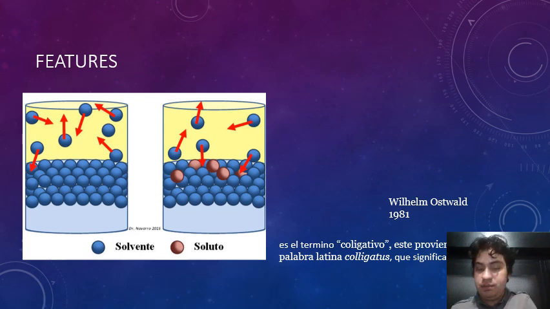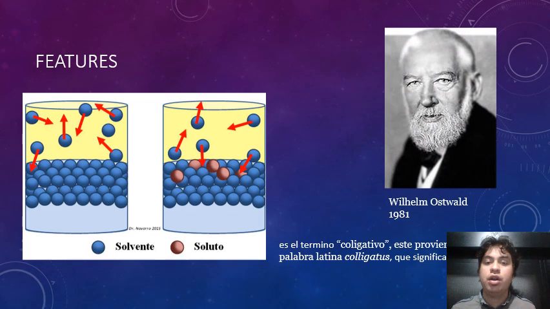The German chemist William Oswald was one of the first people to introduce the concept of colligative properties in 1891. This name arose in his work on the properties of solutions.